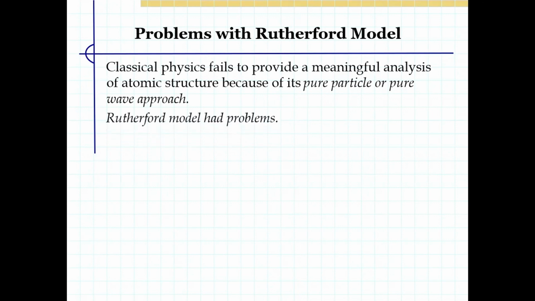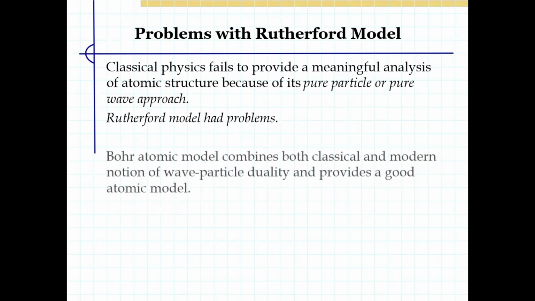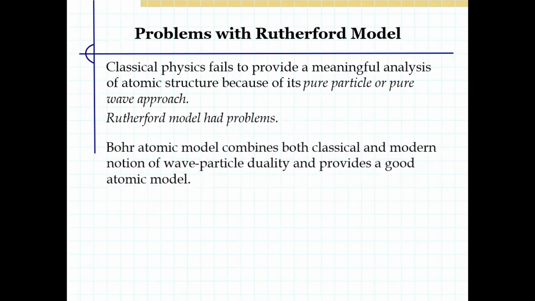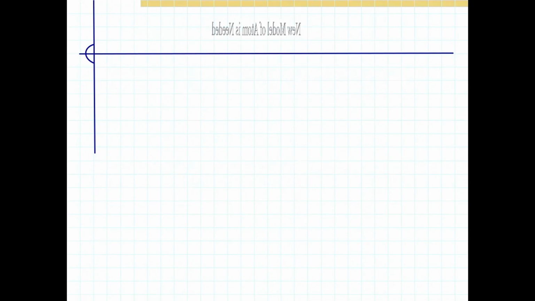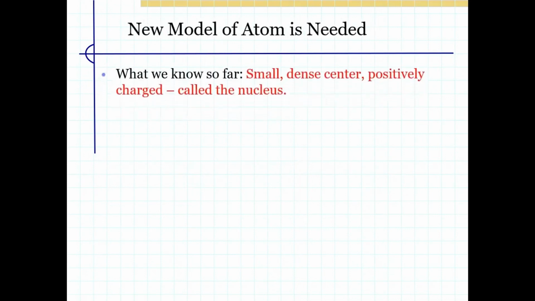The Rutherford model, as we have seen, had problems. The Bohr atomic model combined both the classical and the modern notion of wave-particle duality, and provided a very good atomic model. A new model was needed.